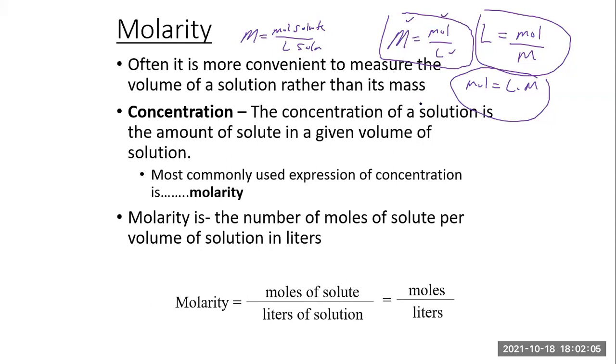So what does it mean when we say we have a molarity solution? For example, if it says we have 4.50 molar, big M, sodium chloride solution, it is very important that when you take this number with the units of molarity to do a calculation, I highly recommend that you get rid of the big M and convert it into the actual units of molarity, which is moles per liter.